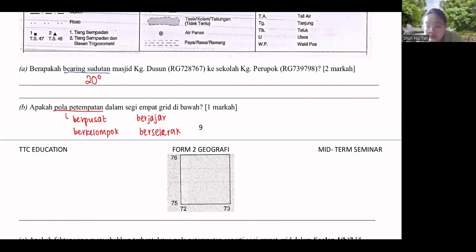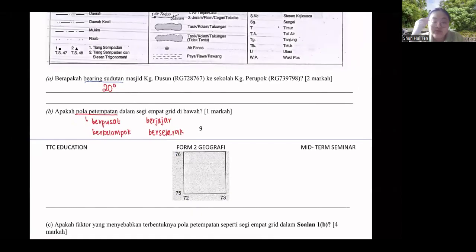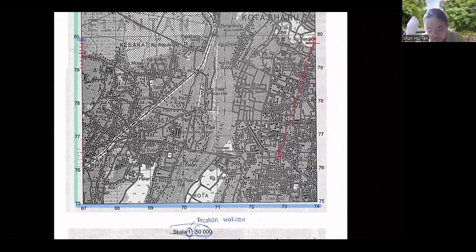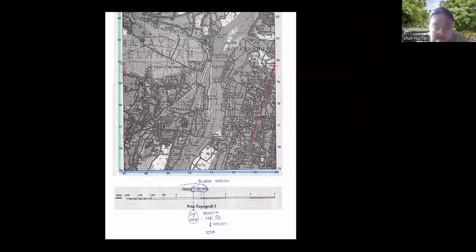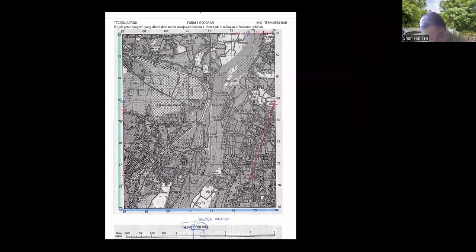So they show you this grid, 72, 73, 75, 76. Let's find out this. 72 to 73. For me, I just highlight for you, easy for you to read through, yeah? 72 is here. 73 is here. 75 and 76, right?